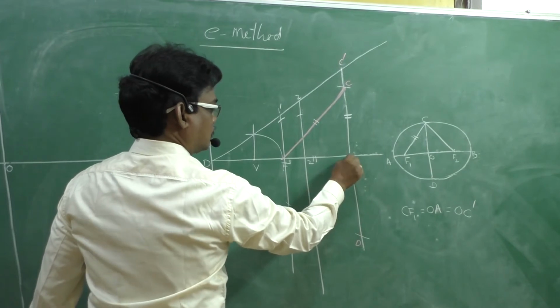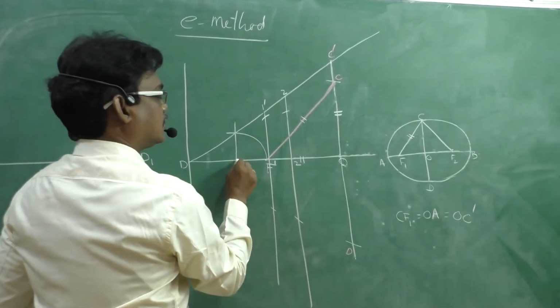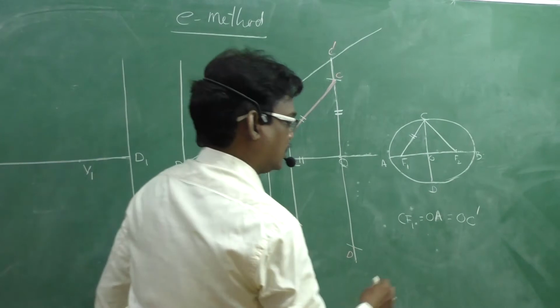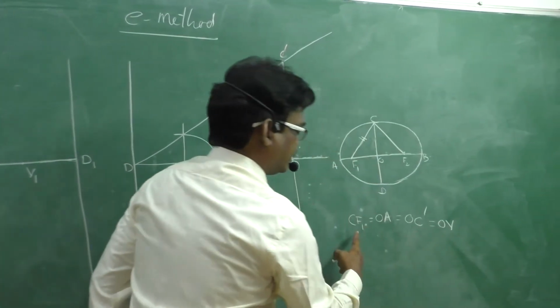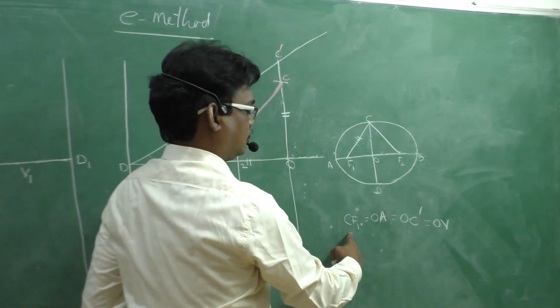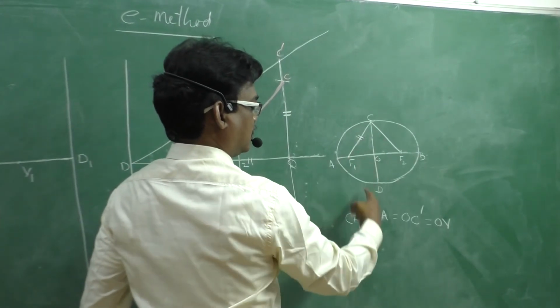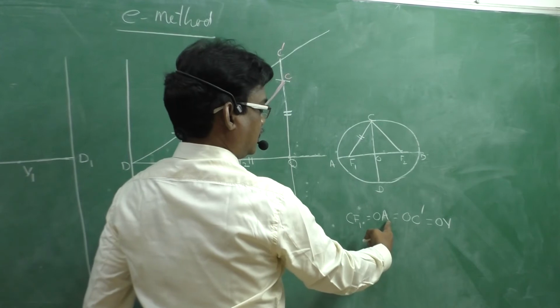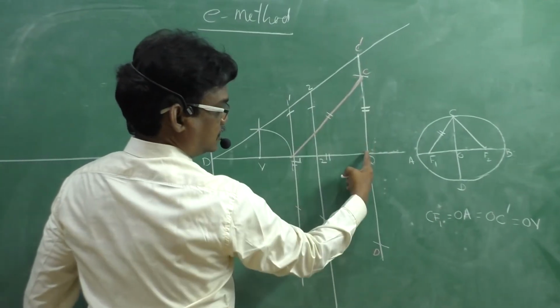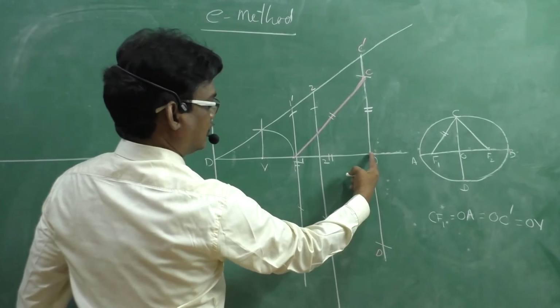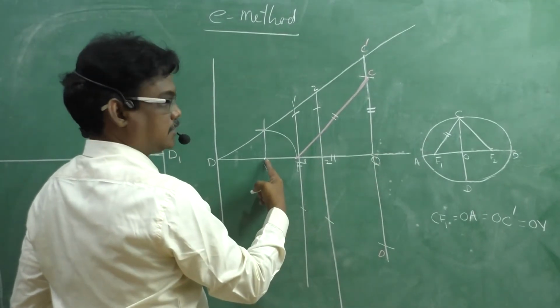Okay, this OV is also equal to the semi-major axis. That means CF1 is equal to OA, OA is equal to OC dash, and OC dash is equal to OV. Right?